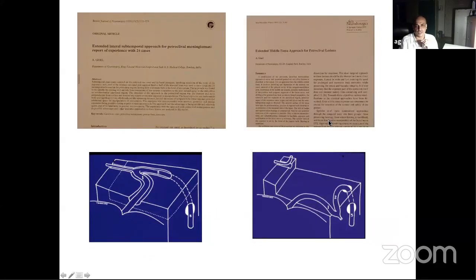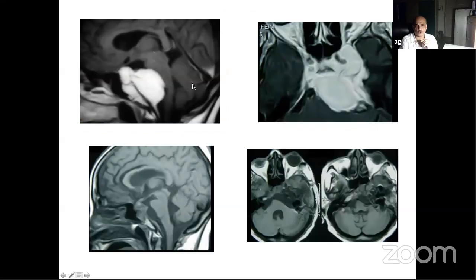Initially, as I have mentioned, my exposures were all very, very extensive. When I used to do petroclival meningiomas of this type, my exposure was quite radical. As you can see, this was done several years ago, maybe 25 years ago. I had done this case where my exposure was very, very massive.